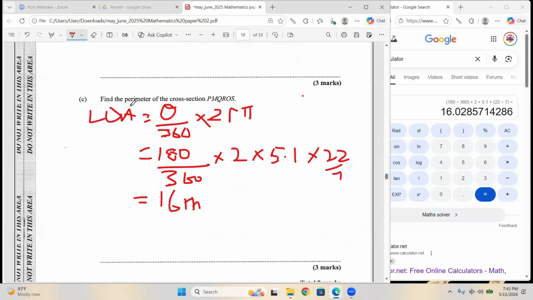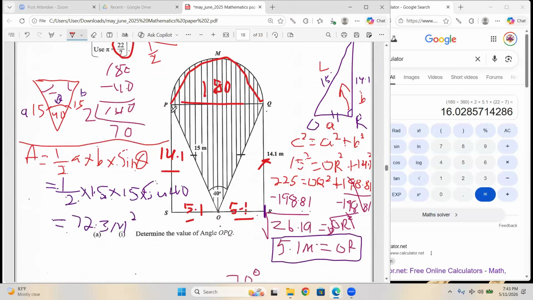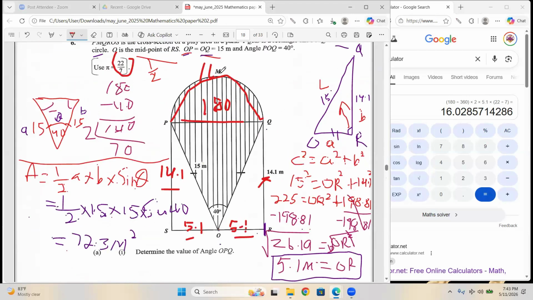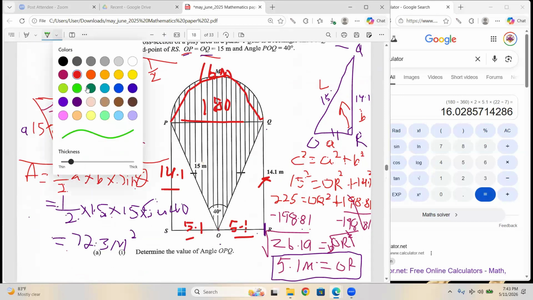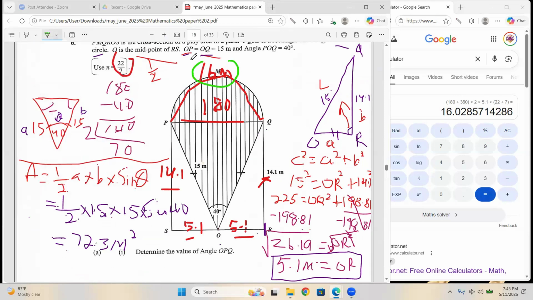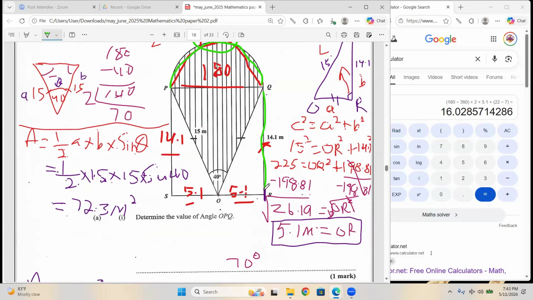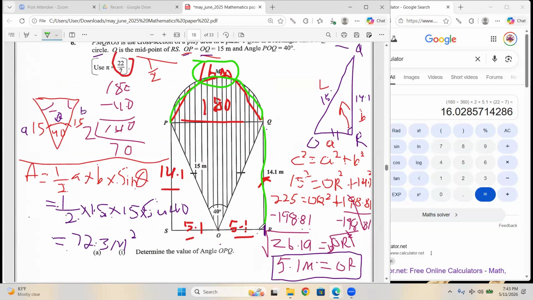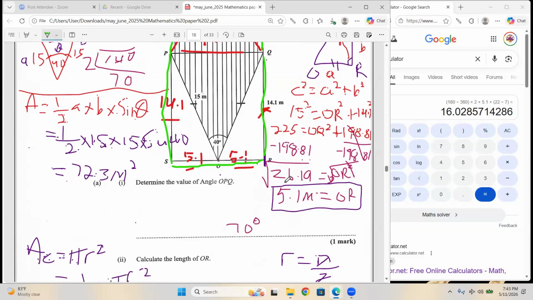But they didn't ask us for the length of the arc, they asked us for the perimeter. So since we know the length of the arc is 16 meters, now we can proceed to add all the sides. So the arc, which is from here to there, because perimeter means you add all the sides, then you add in this here, you add in these down here, and add in that, and you will get the perimeter.